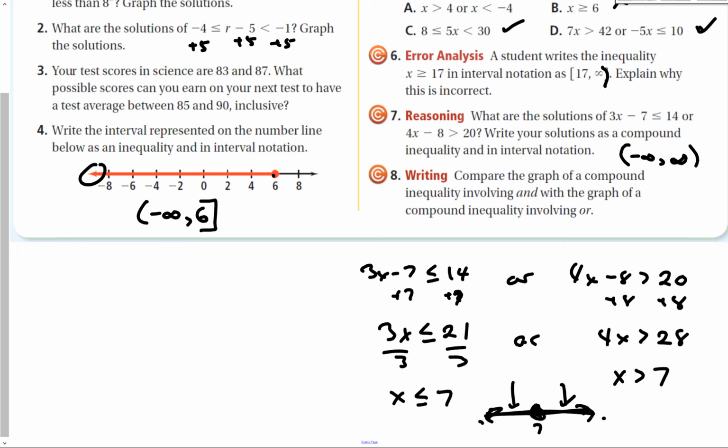I'm sorry. Okay. Compare the graph of a compound inequality with and to the graph of a compound inequality with or. Graphs with and usually overlap.